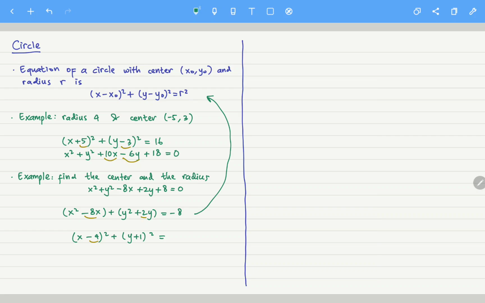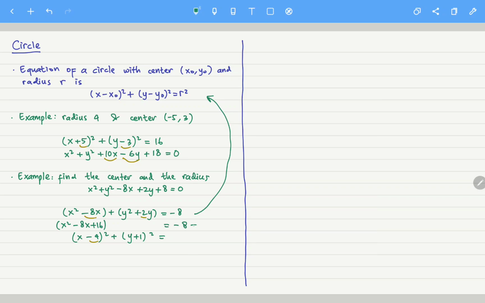So next we can move backward. So let's say if we have x minus 4 squared, it is equal to x squared minus 8x plus 16. So because we have plus 16 here, from the previous meeting, we should add plus 16 on both sides.